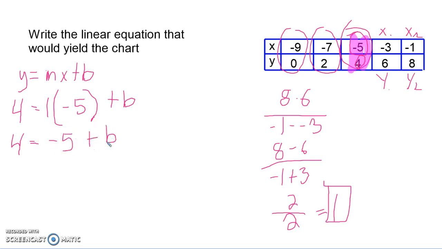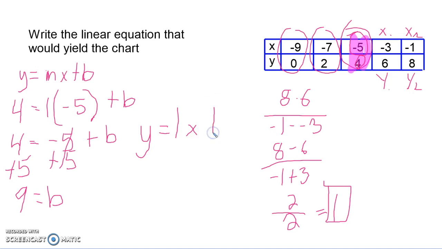Now I have this negative 5, so I'm going to add 5 to both sides to undo what has been done to this b here. So that gets rid of those, and then I have 4 plus 5, which is 9, is equal to b. So that means that our y-intercept is b. So our final equation is going to be y equals 1x plus 9.